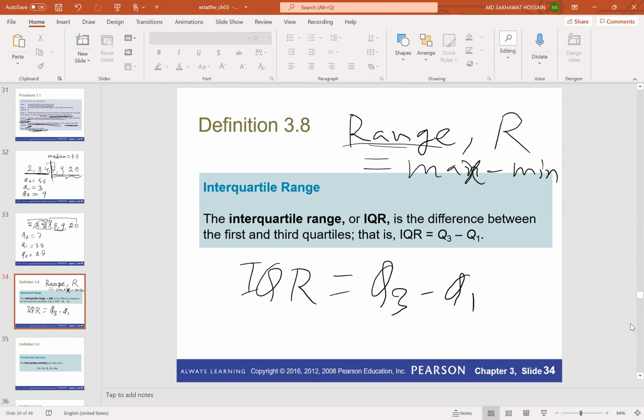So why is this IQR important? Actually, we'll use this information to determine whether we have outliers in the data set or not. So in your data set, if there are outliers, you can determine it by calculating IQR, interquartile range.